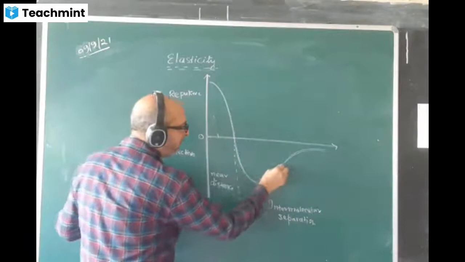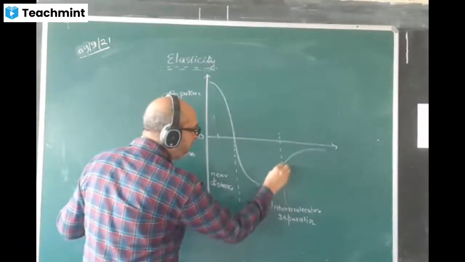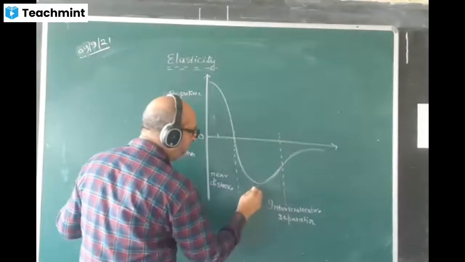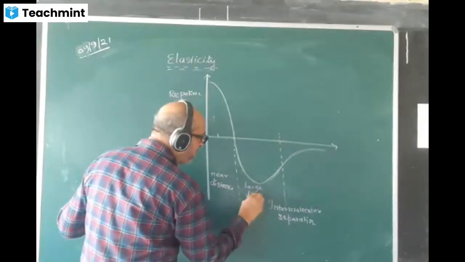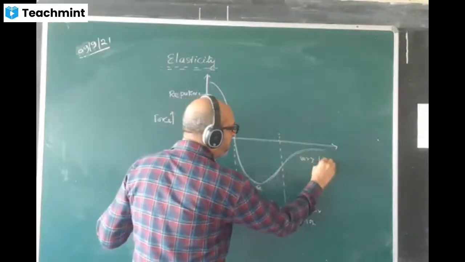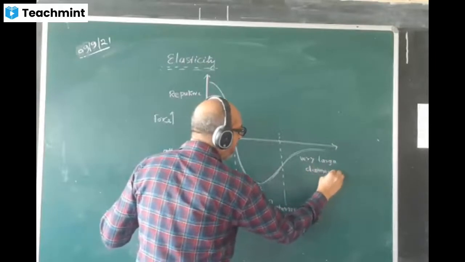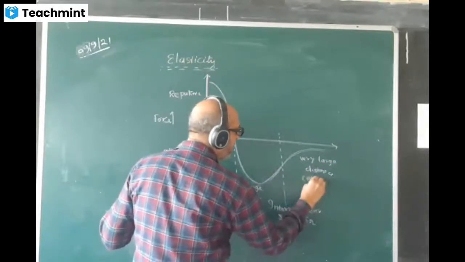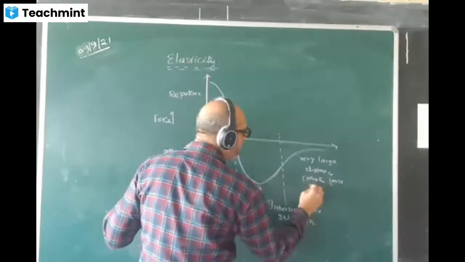And here you will be writing, this separation will be large distance, and here you will be writing very large distance. Very large distance, right here, weak force of attraction.